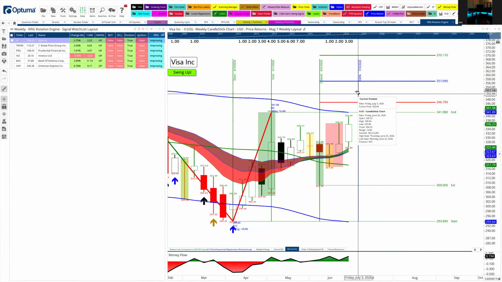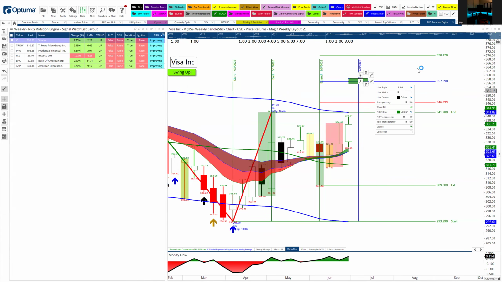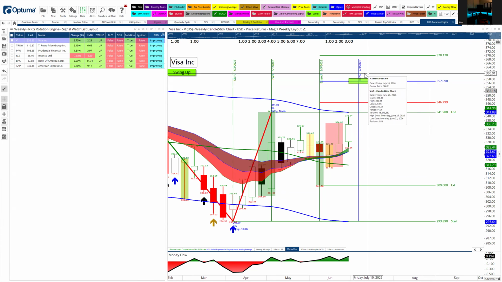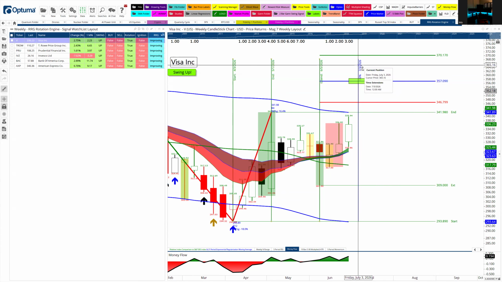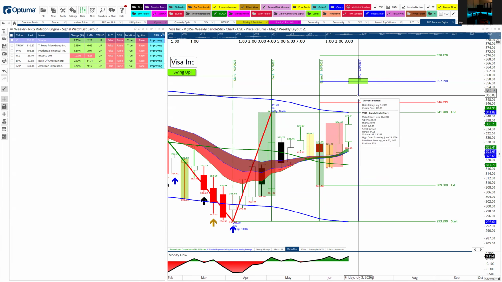So this is the upside target at this date, that week, sorry. 357 by 7/3/2026. That doesn't mean it's going to get there, but this is where the time is starting to come into play. So the measured move on Visa from here, nice buy, from here to here to here.